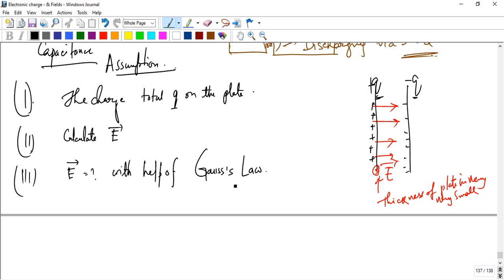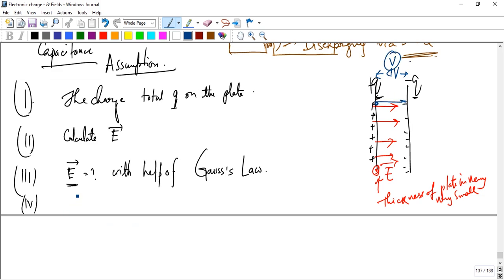Number 4: if you know E, then calculate V. V is the potential difference, delta V, between these two plates.